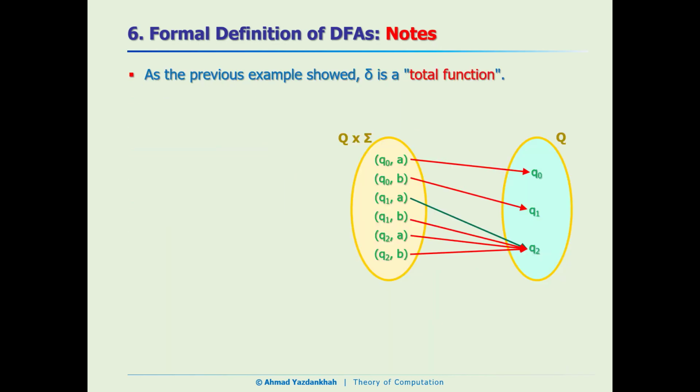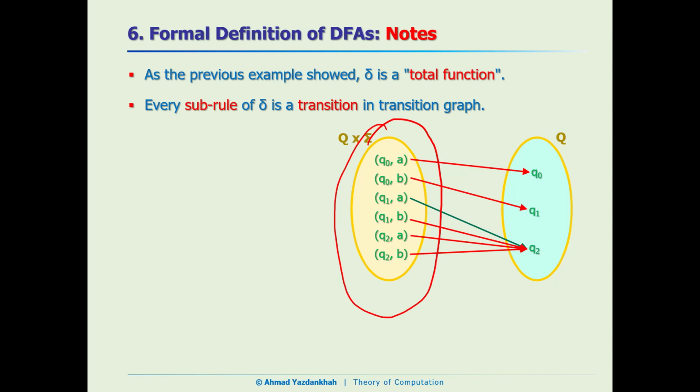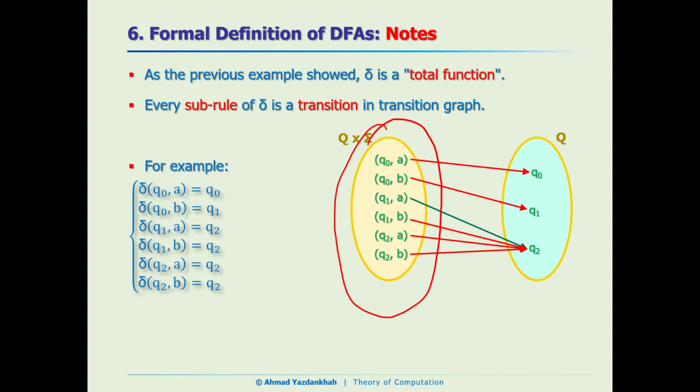Here we need to note that the delta or transition function is a total function. What does it mean? If you look at all of the domain members here, you see all of them are defined. And each subrule is one transition. As an example, this is the algebraic notation of the delta function.